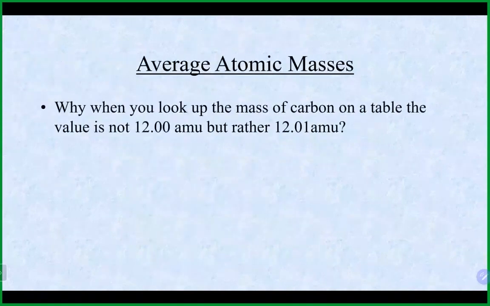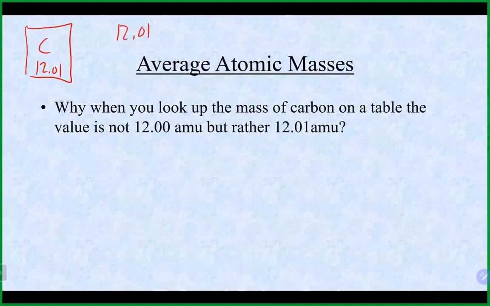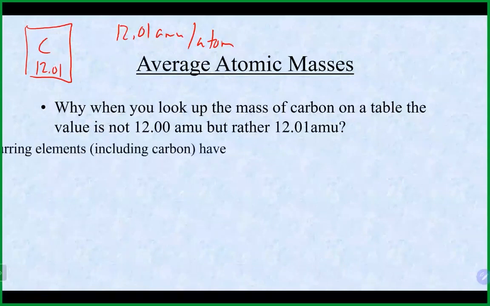So when we look at something like carbon, for example, what we actually see underneath carbon is 12.01, which means it is 12.01 AMU per atom. And you might say to yourself, well, if carbon was used as the standard isotope and it had a mass of 12, why do we see 12.01 when we look under the carbon?